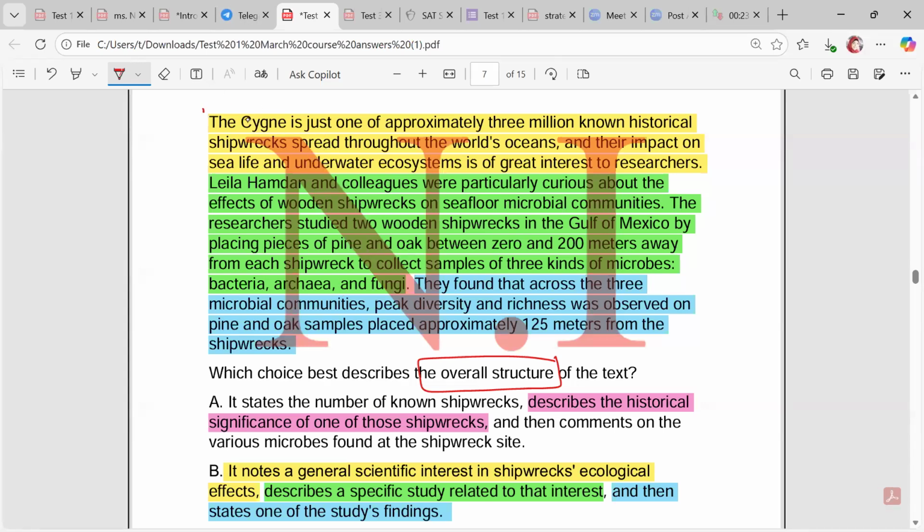First, sentence 1, second, the last sentence, and the part in the middle. Everything in the middle part you can take as one unit. So sentence 1 is one section and the last sentence is another section. Whatever is in the middle will be taken as one unit.